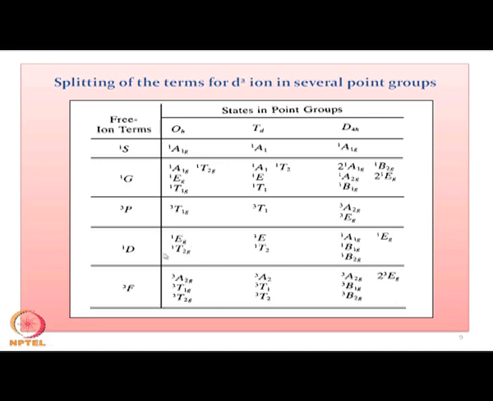Similarly, for the singlet state where S is equal to 0, we have the 1D level, and like the splitting of the D level, we have the split forms as Eg and T2g. Similarly, 3P will be converted to only 3T1g, G will be converted to these four, and this will be converted to the corresponding value for the 1S term.